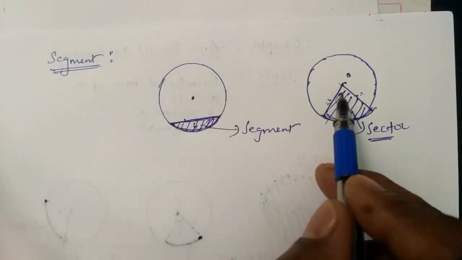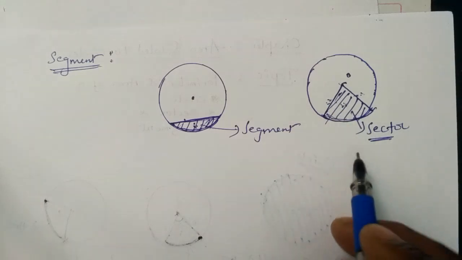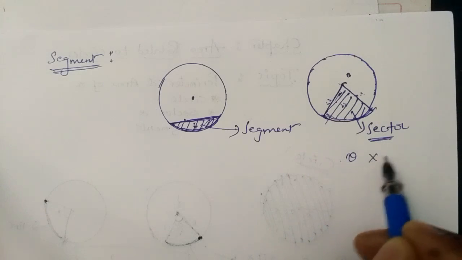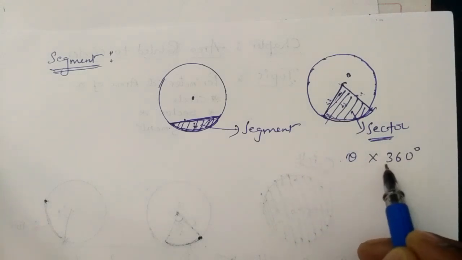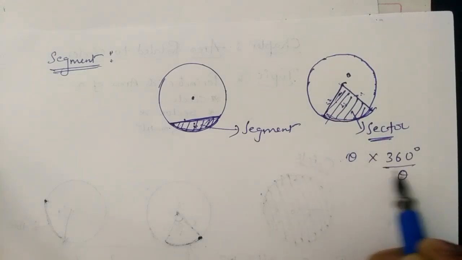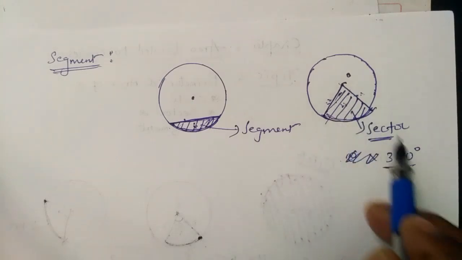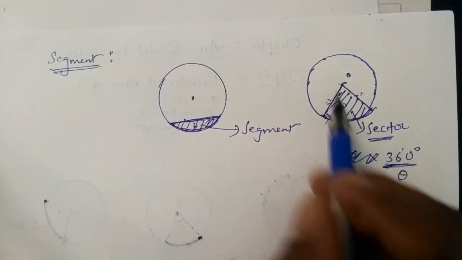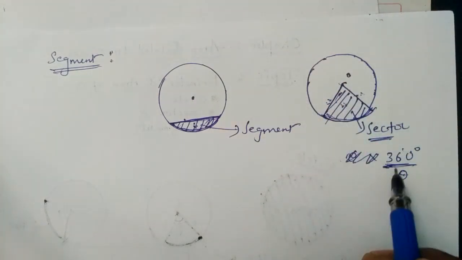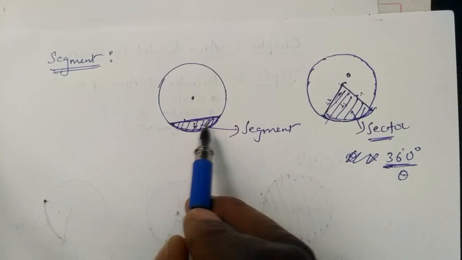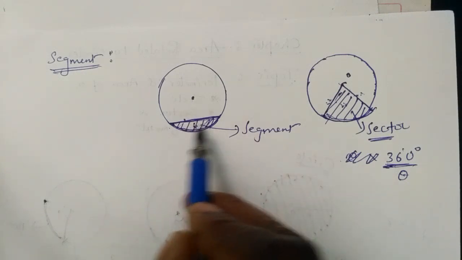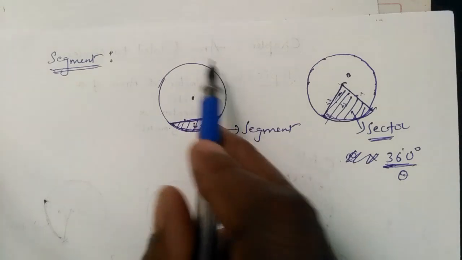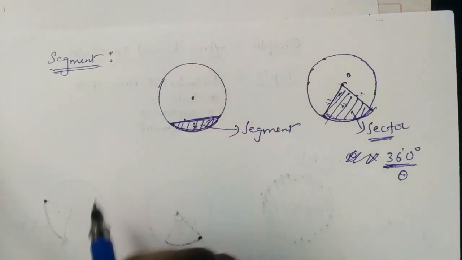If we know the angle, theta degrees, the total 360 degrees can be divided by the angle we formed here. When we divide these two, we come to know into how many parts the whole circle is divided. But in a segment there is no angle formation. How do we know how much part of the whole circle this segment is?